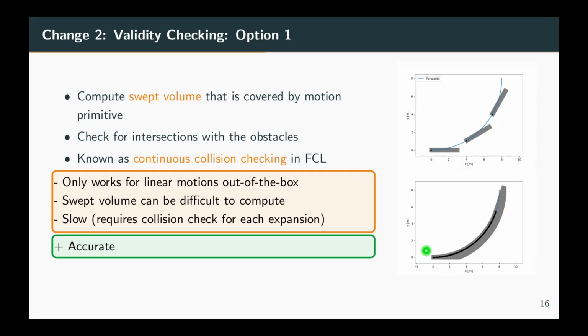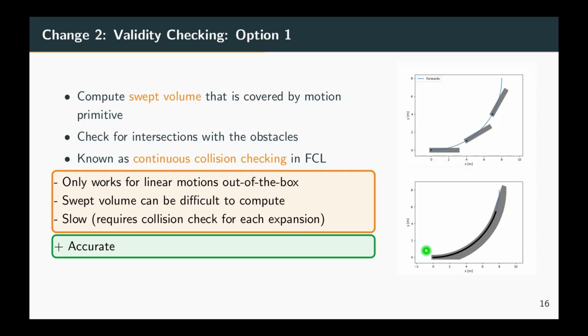Once you have the shape, you can check for intersections with obstacles fairly efficiently. You just take your swept volume and all your obstacles, and if that's collision free, then we're good. In the flexible collision library that you have learned about already, this sort of swept volume is implemented, also known as continuous collision checking, if you have seen it. One downside is that at least in FCL, it only allows linear motions.